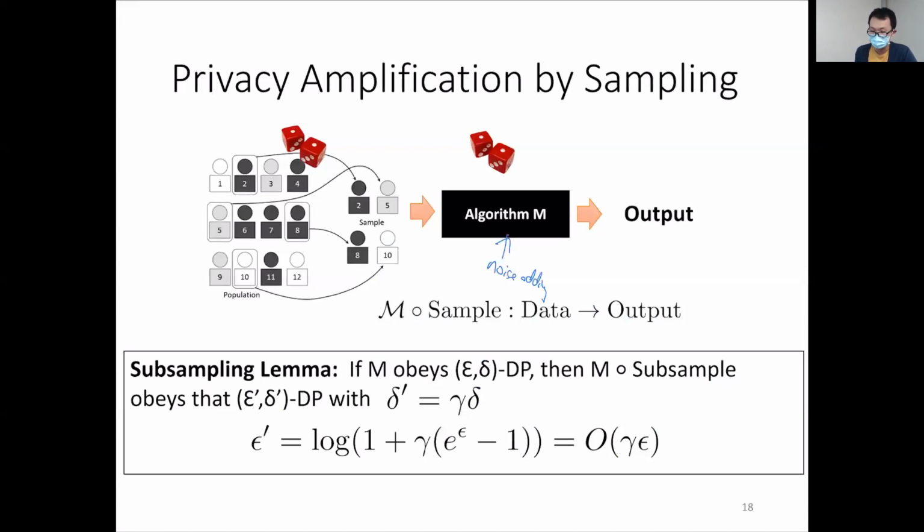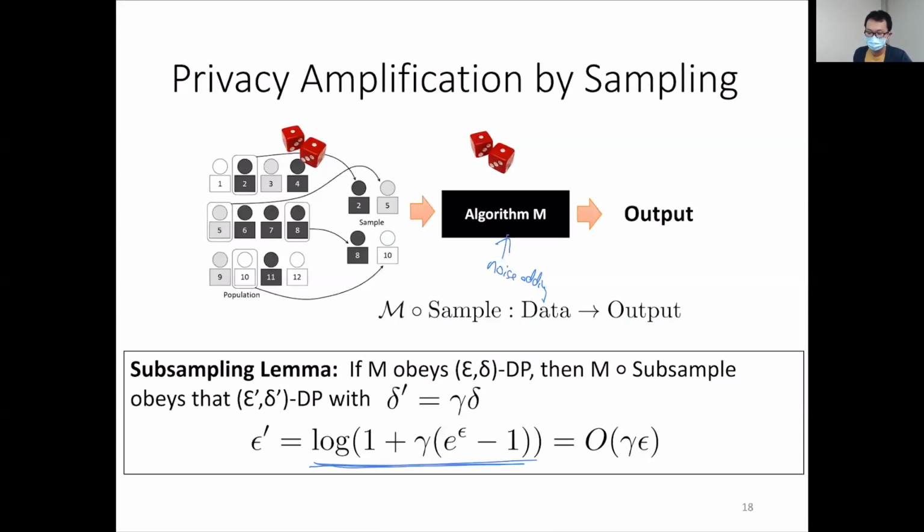You sample your data set with some sampling ratio gamma parameter, and then at the end of the day, you are getting epsilon prime, delta prime DP, with delta prime being gamma times the original delta, and epsilon prime being converted through this nonlinear transformation of log(1 plus something).